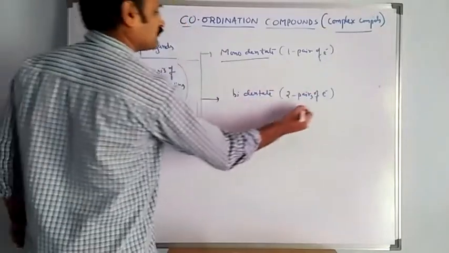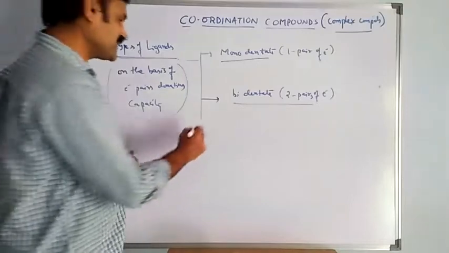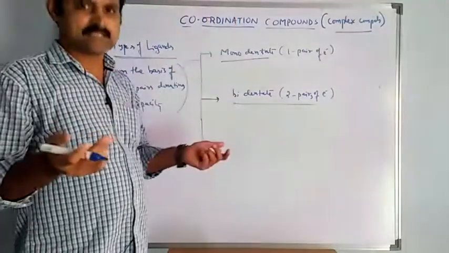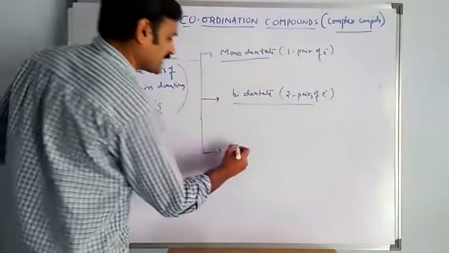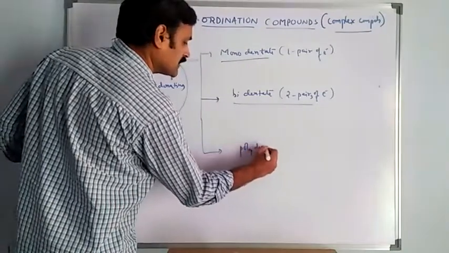If the ligand is donating more than that, more than two electron pairs, then you can call it a polydentate ligand.